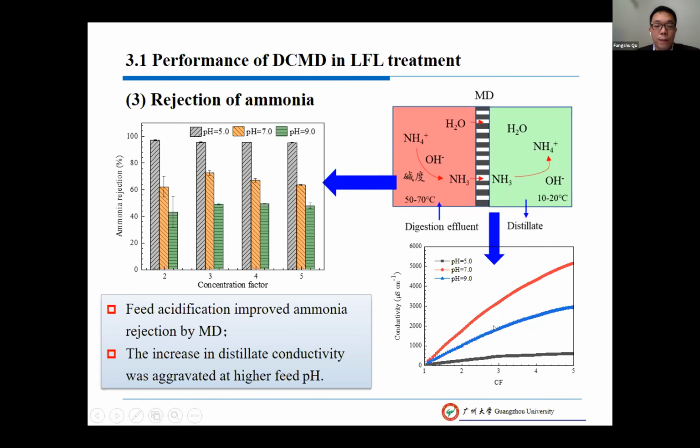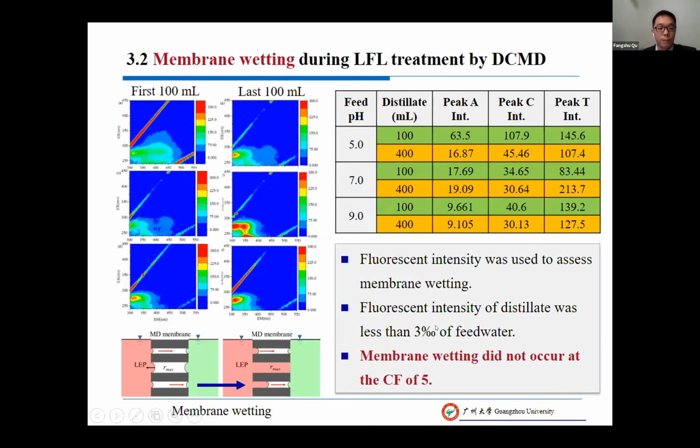From this figure, we can find that because of the penetration of ammonia, the distillate conductivity increased with the running of the system. So we cannot use the distillate conductivity to assess the membrane wetting. To address this problem, we use the fluorescence intensity to check whether the wetting occurred.